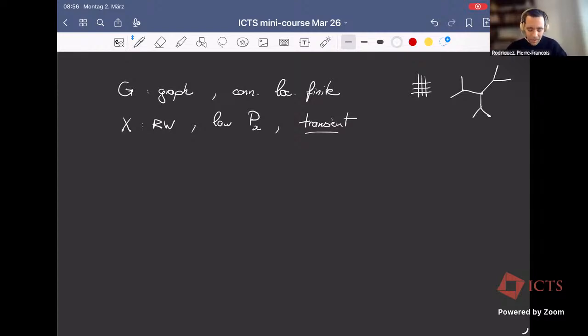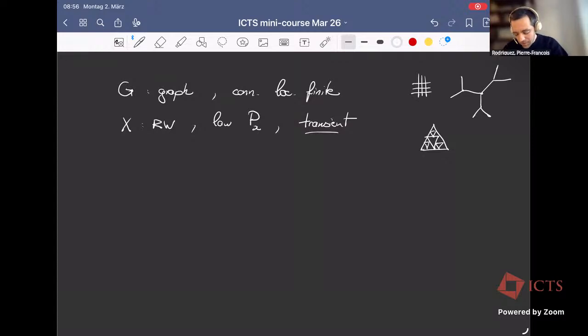And maybe another class of examples, just to populate your imagination a little bit. You can also have things like fractal graphs. For instance, you take your favorite fractal, say this Sierpinski gasket here, and you iterate this ad libitum, and you run a random walk.